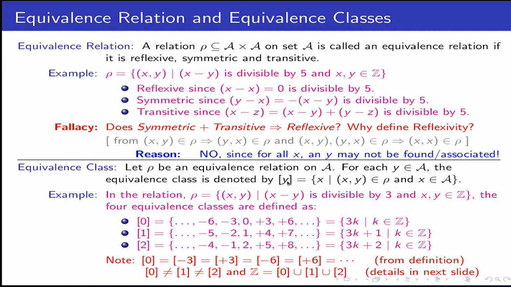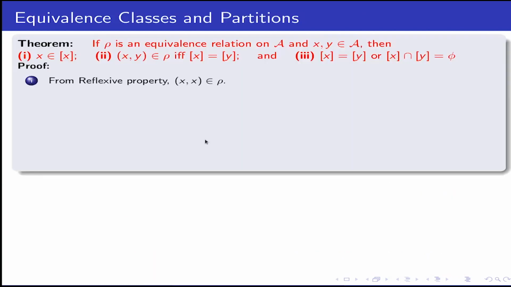See the definition: an equivalence class [y] is all the elements x such that (x, y) is in the relation. So if an element y belongs to [y], then by the definition (y, y) should be in the relation, and an equivalence relation already says that it is reflexive. So this property holds. Since rho is an equivalence relation, (x, x) should belong to rho, and (x, x) belonging to rho by definition says x belongs to the equivalence class [x].